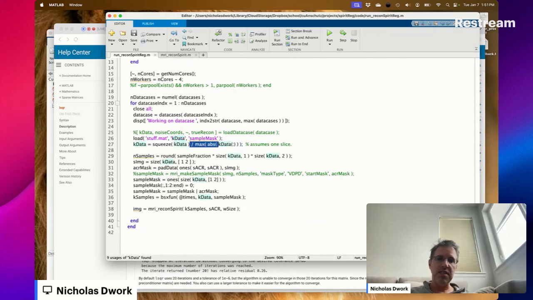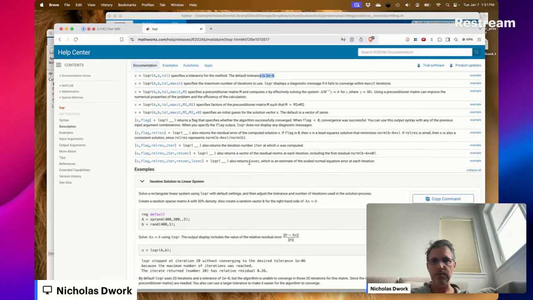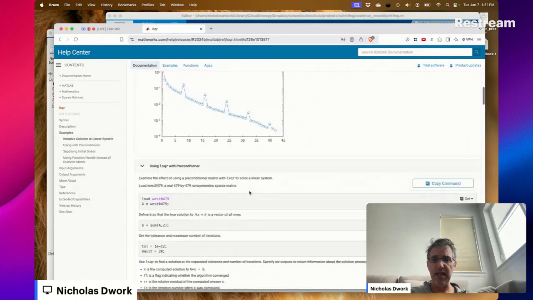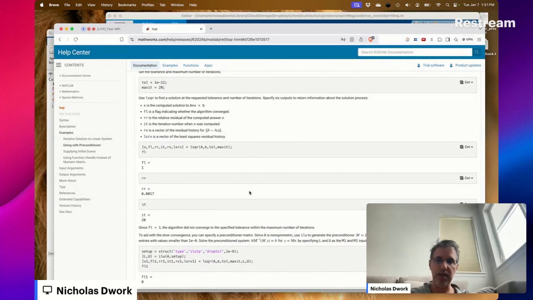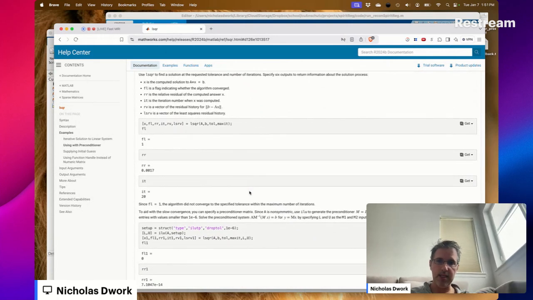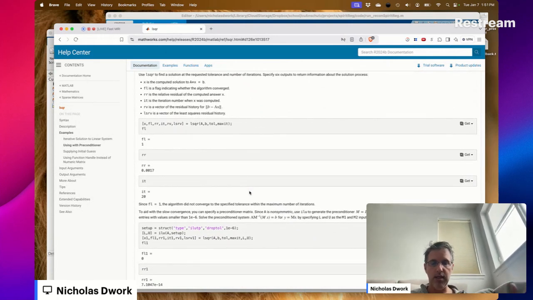Well, then what does a relative residual mean? Because I could arbitrarily change the scaling. If I have AX equals B and I have a million A, X equals a million B, those linear systems are solved by the same X, but the error is dramatically different.